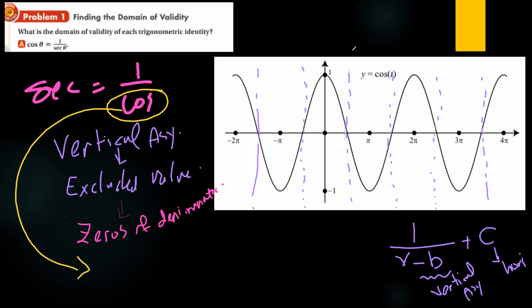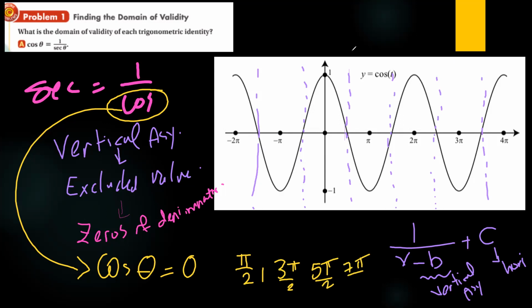You ask the cosine, at which angles are you 0? Cosine tells you that it is 0 at pi over 2, 3 pi over 2, 5 pi over 2, 7 pi over 2, negative pi over 2, negative 3 pi over 2, and so on. If you find the cosine on any of these angles, you will find that it is 0. So all of these numbers will be the excluded values, and all of these numbers will have the vertical asymptotes, as you see here.